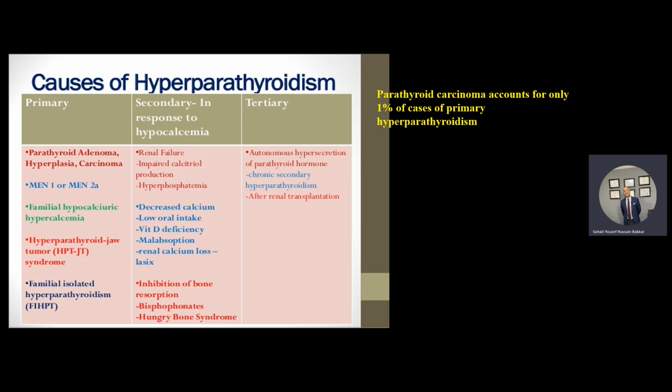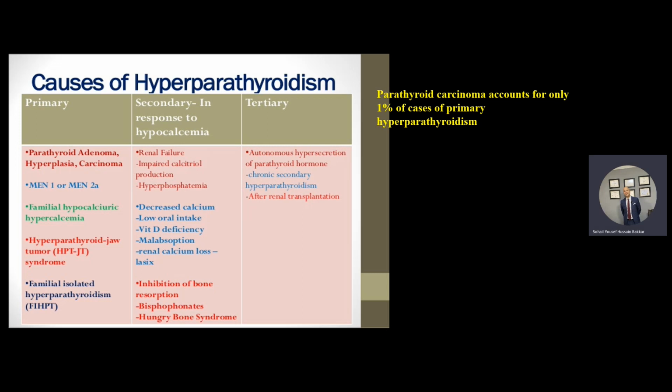We can have double adenomas, what we call two parathyroid adenomas secreting PTH. This is called double adenomas or two gland disease.